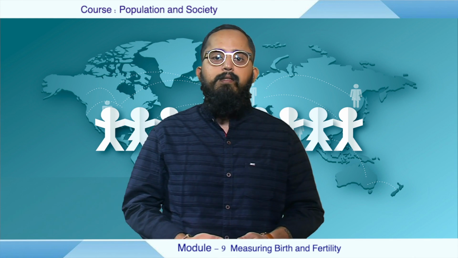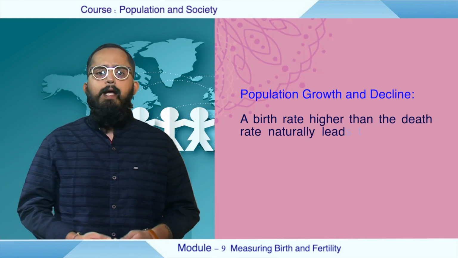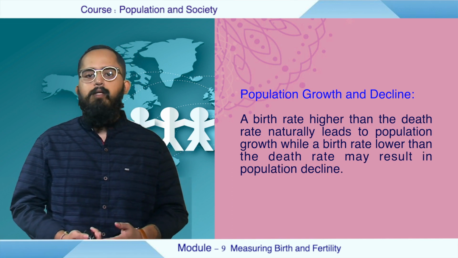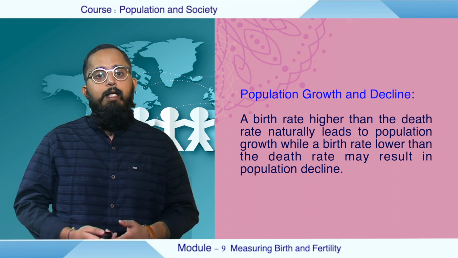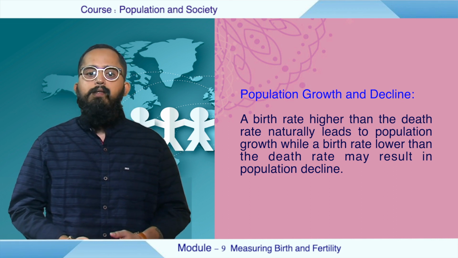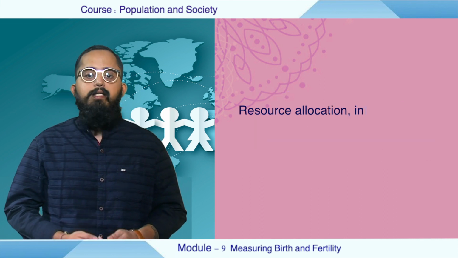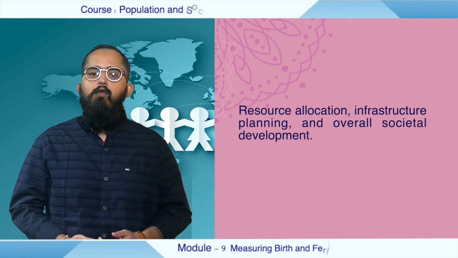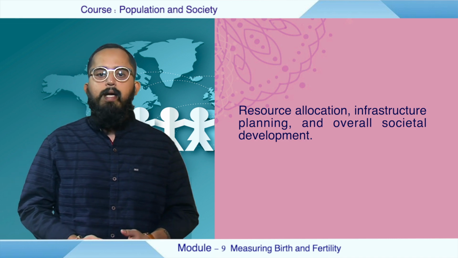The next significance is calculating population growth and decline. The birth rate directly influences population growth. A birth rate higher than the death rate naturally leads to population growth, while a birth rate lower than the death rate may result in population decline. These trends have profound implications for resource allocation, infrastructural planning, as well as overall societal development.